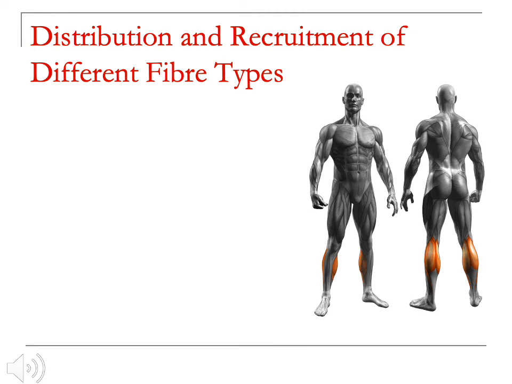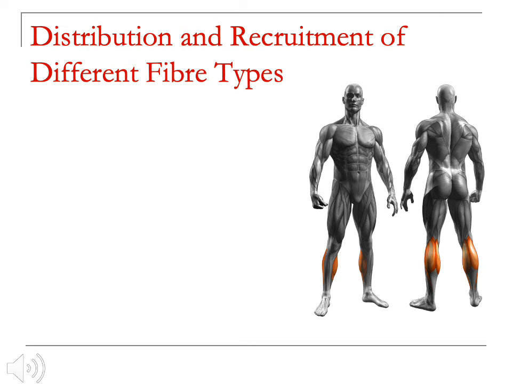Generally speaking, your skeletal muscles will be a mixture of all three fibers, probably about half of which are slow oxidative fibers, the rest differentiated between the two types of faster fibers. The proportions do vary though, depending upon the specific action of the muscle, that individual person's training, and also genetic factors.